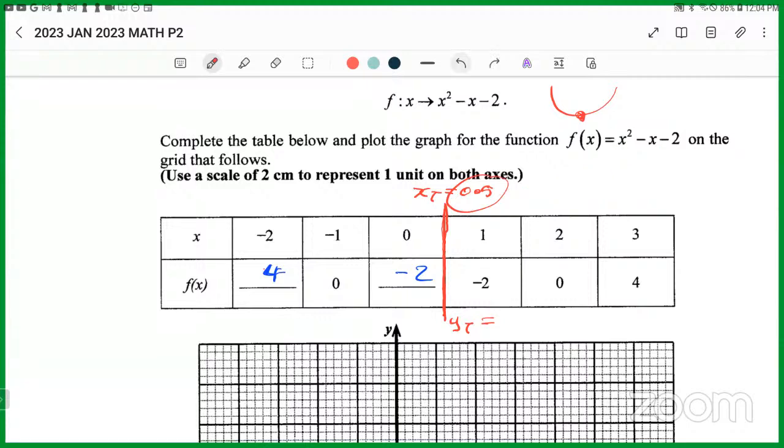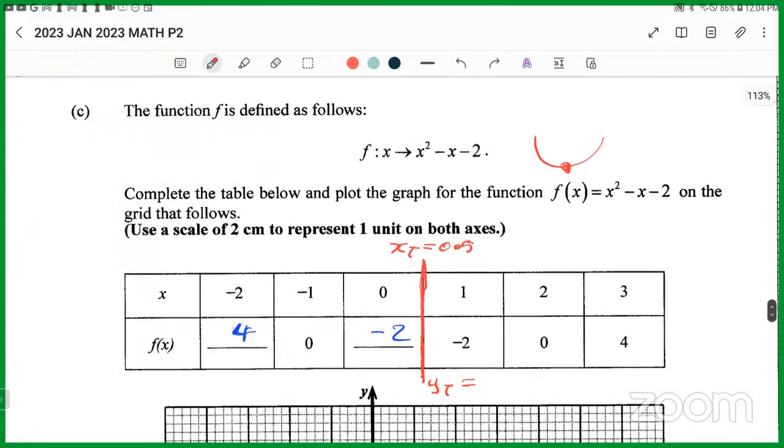If I put this value inside here, I get a half squared, which is a quarter, 0.25, minus a half, 0.5, minus 2. So that's minus 2.25. That is yt, what I get when I put the xt value in the function.